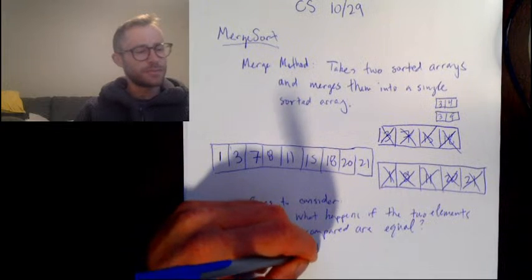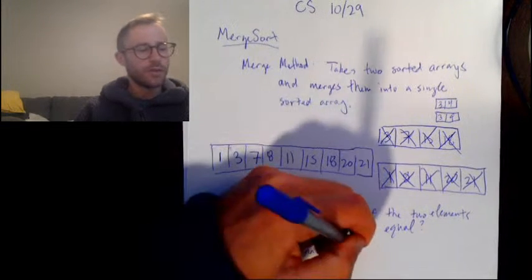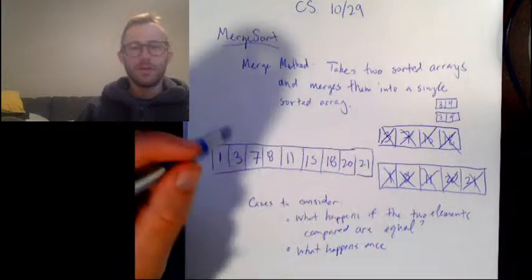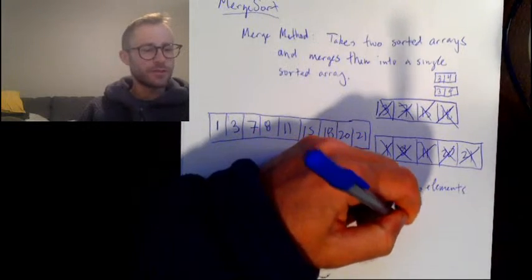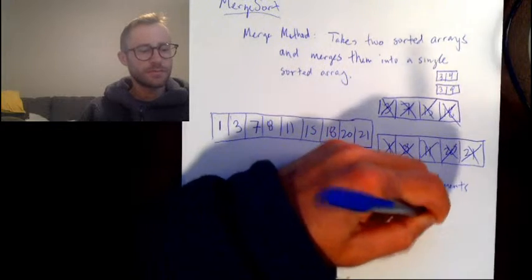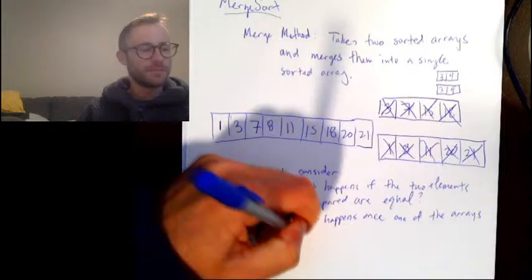what happens once one of the arrays runs out.